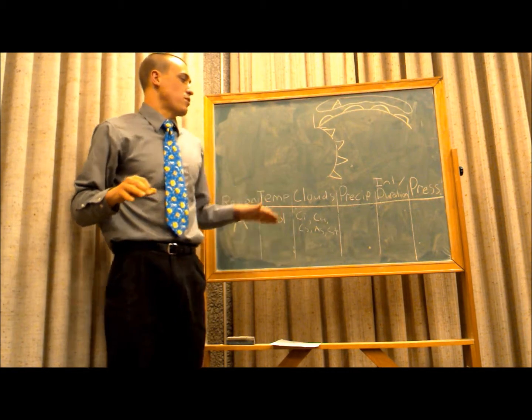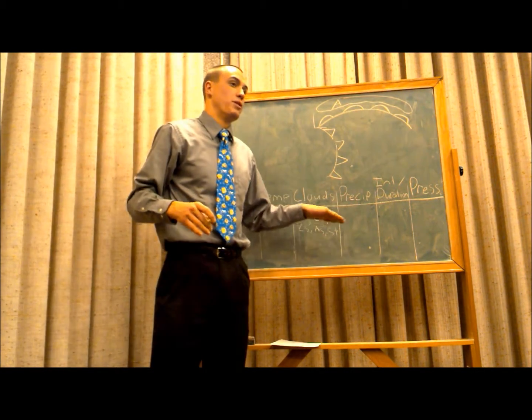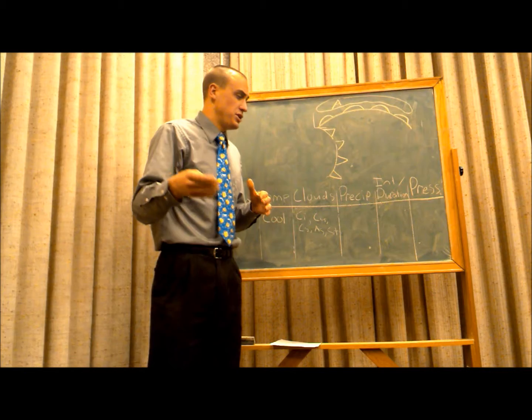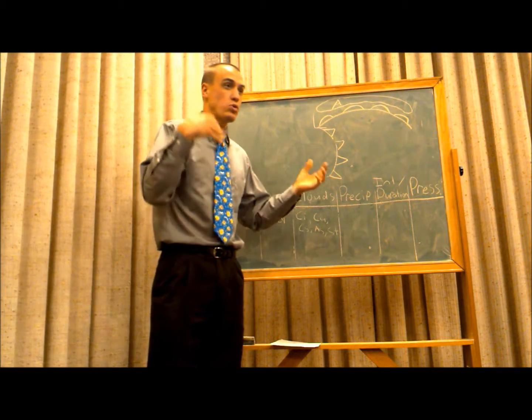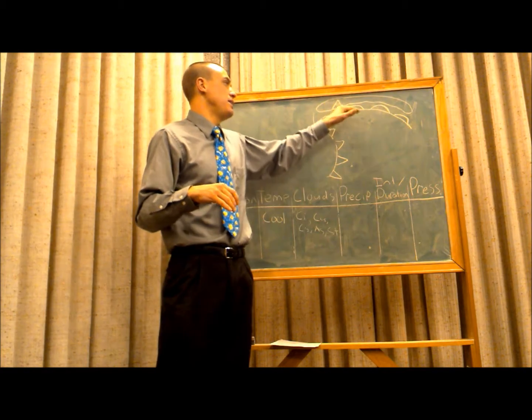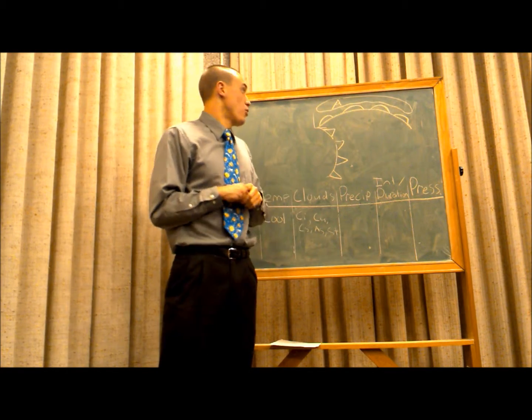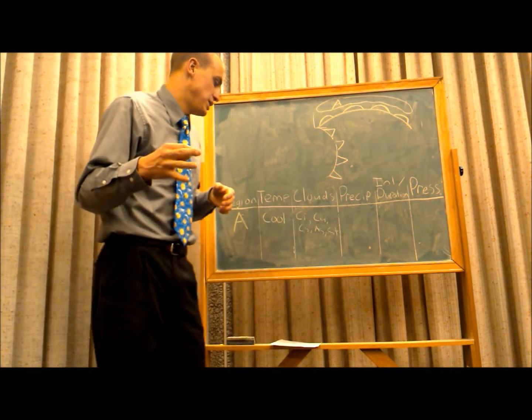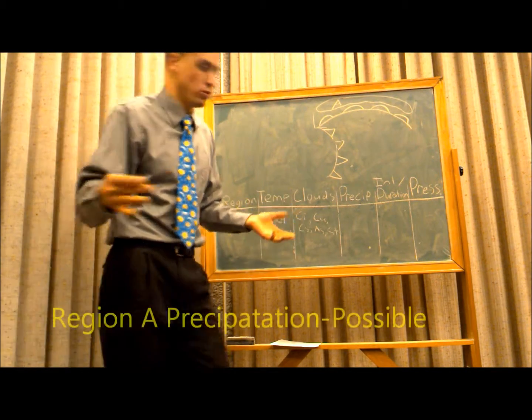Now, let's move on to the precipitation category. The precipitation can be in the form of rain, snow, sleet, anything that deals with precipitation. And in this region, Region A, precipitation is possible.